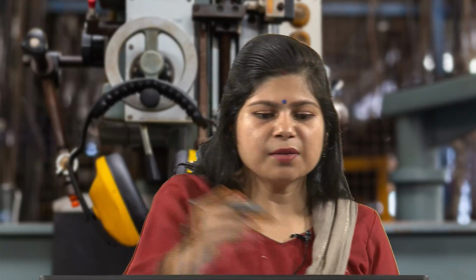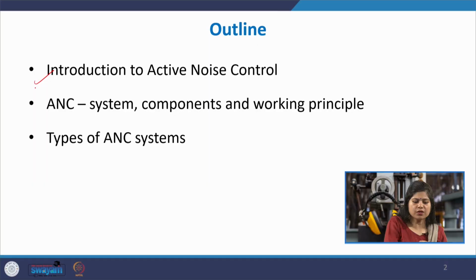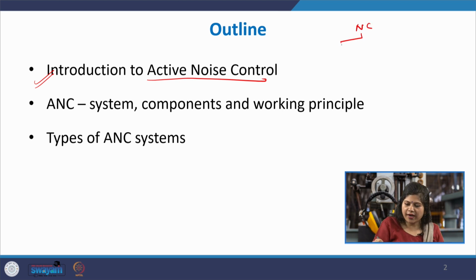So, this is the brief outline. We will introduce active noise control, which is one of the major strategies in noise control. So, we know that in noise control we have active noise control. These are the broad categorizations of path based noise control, and then we have passive noise control.